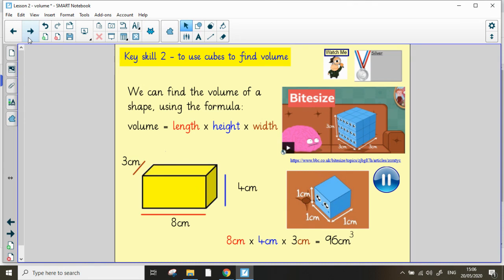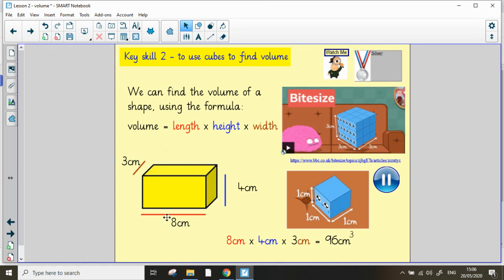So, how to use cubes to find volume. If you have some cubes at home or some Lego bricks, you can use these to help you. If you don't, it's quite easy to count from the screen or from the printout that you will have. So, as you know, we can find the volume of a shape using the formula volume equals length times height times width. Have a look at this cuboid here.